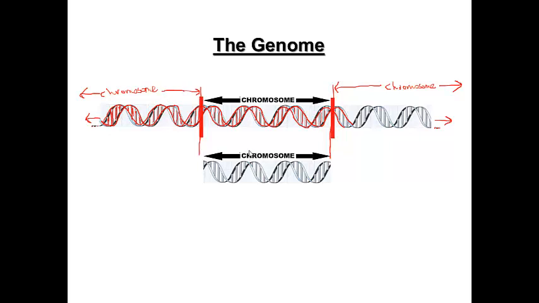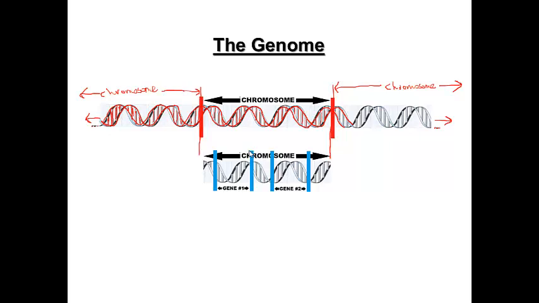So let's demarcate two genes right here. This chromosome only has two genes, which for us would be a gross exaggeration. We're going to talk about the breakdown of your roughly 20,000 to 25,000 genes, which are spread over your 23 pairs of chromosomes.